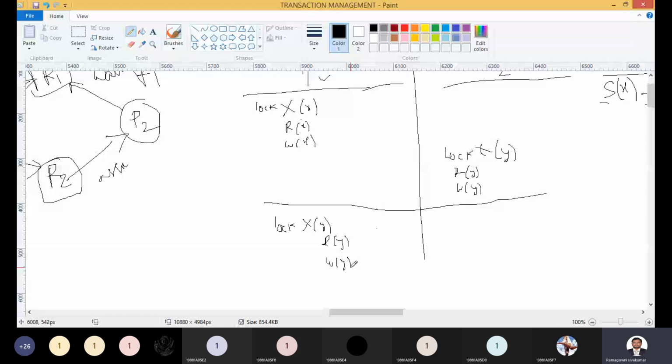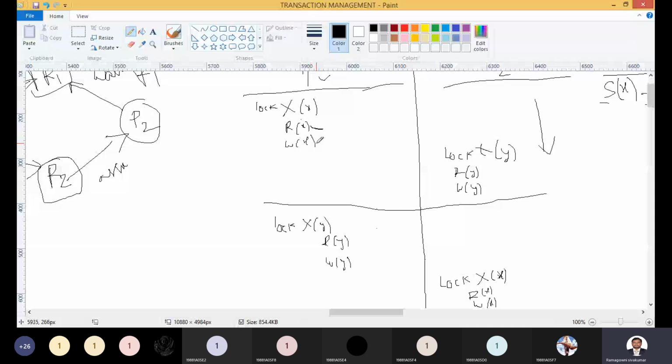Then here in T2 transaction, I'm performing lock, that is exclusive lock on X data item, then performing read operation on X and write operation on X data item. See here, I am reading X value and writing X value.